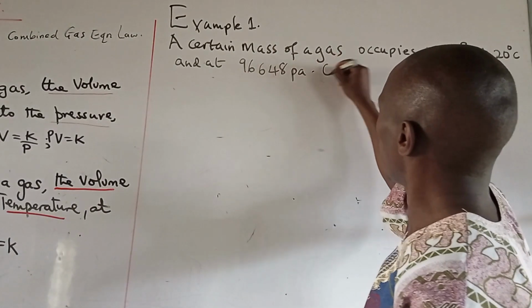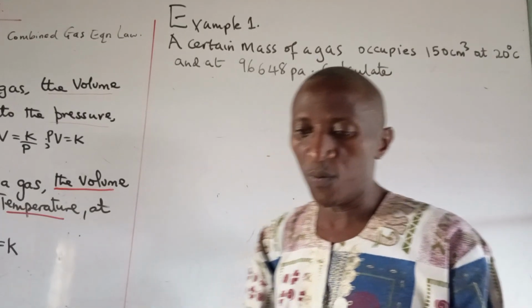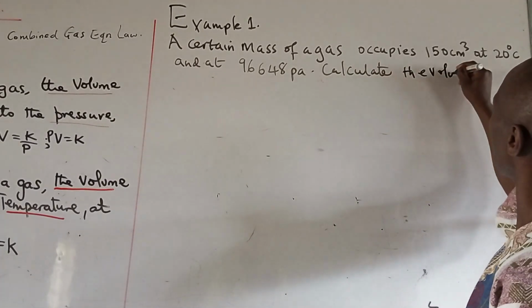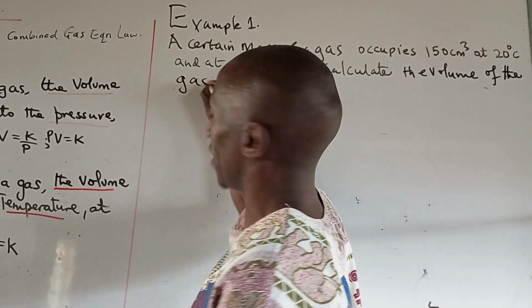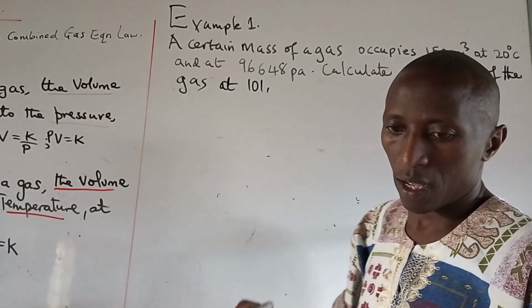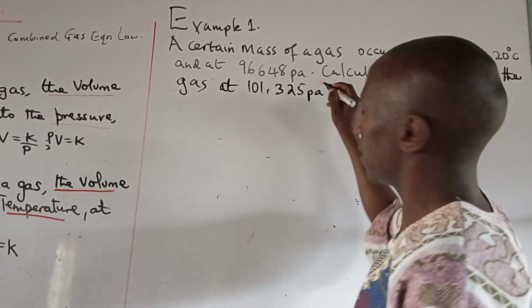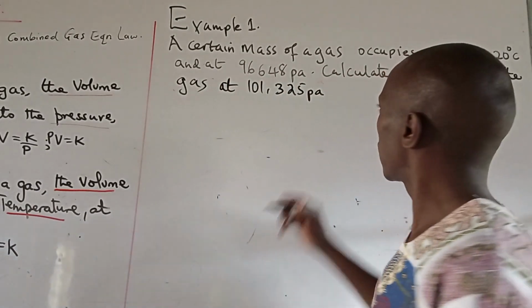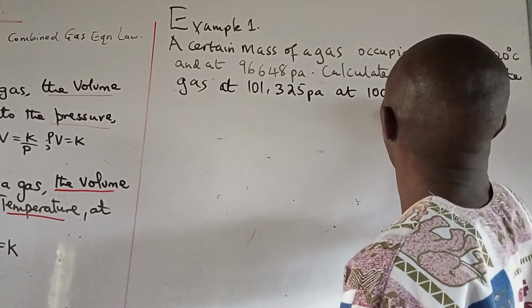Now, the question is, calculate the volume of the gas at 101,325 pascals at 100 degrees centigrade temperature.